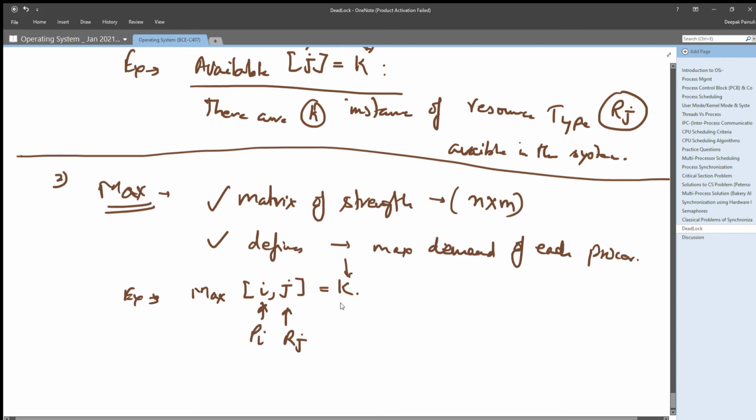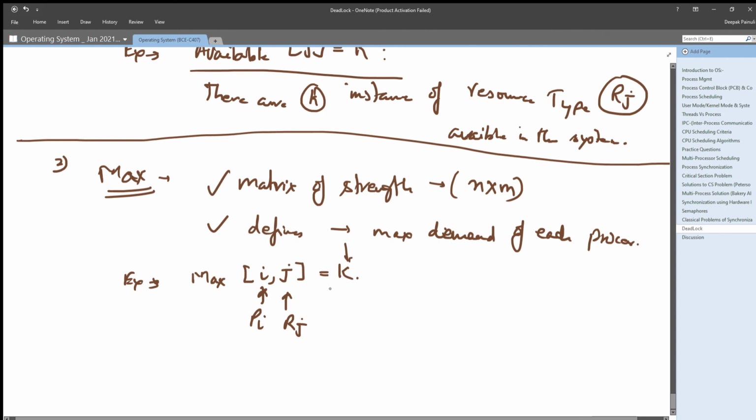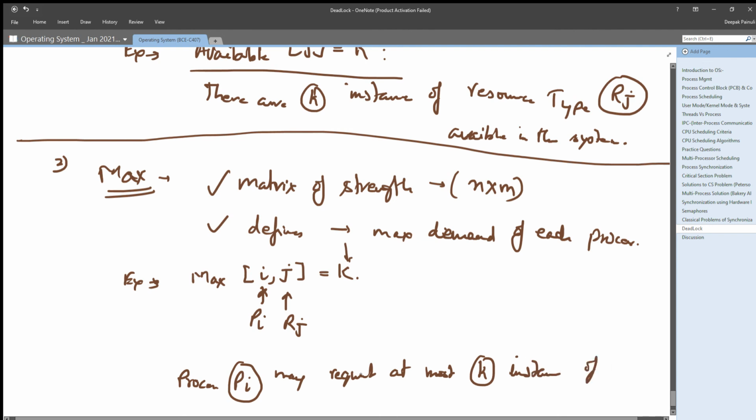Or if you are confused, let us write it in words: process Pi may request at most k instances of resource type Rj.